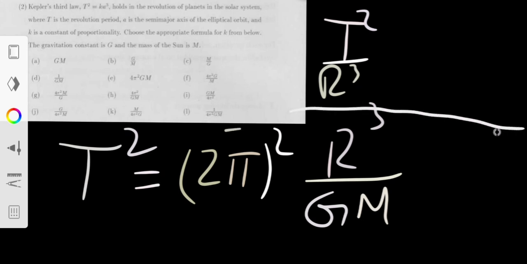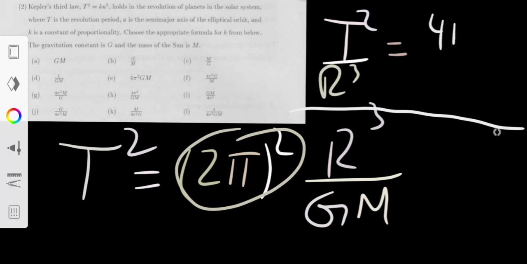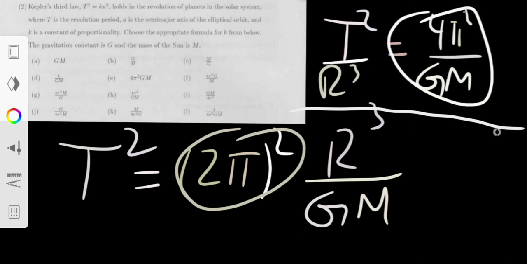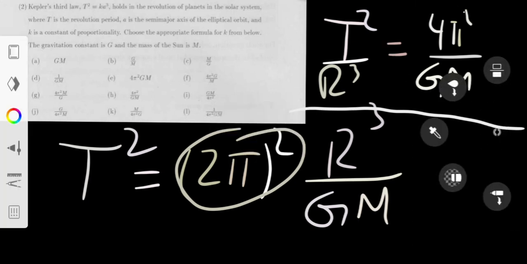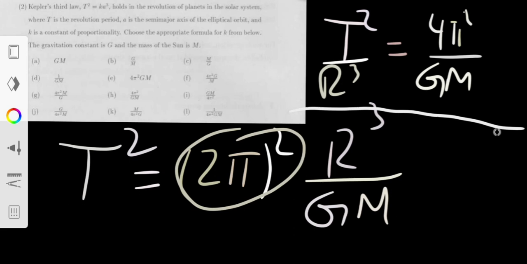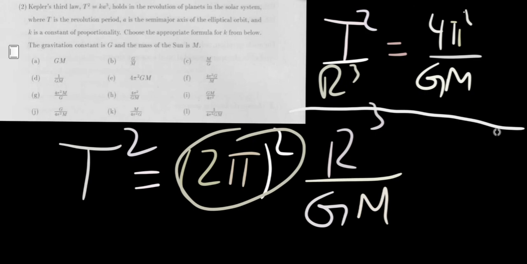Okay, so this part is equal to 4 pi squared divided by GM. So this part over here is the constant k. Okay, so now this is our answer. Let's just find where it is over here: 4 pi squared divided by GM.